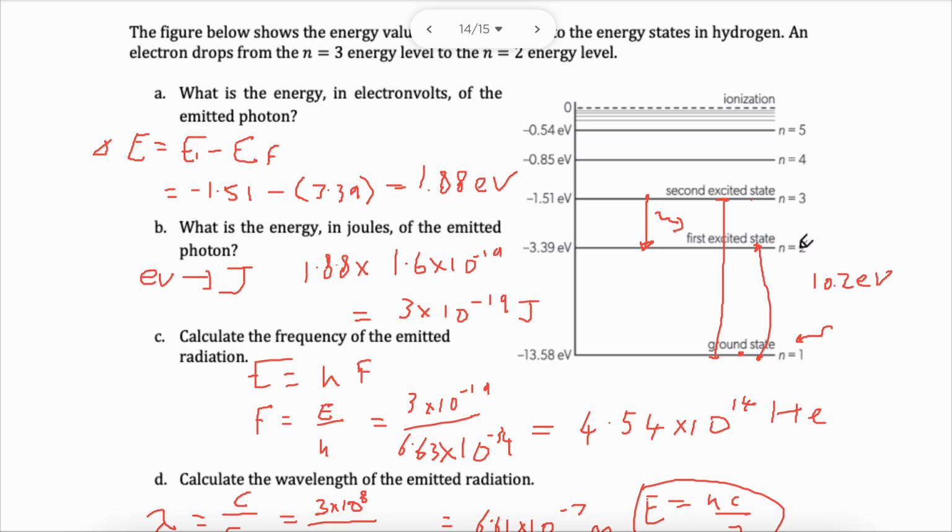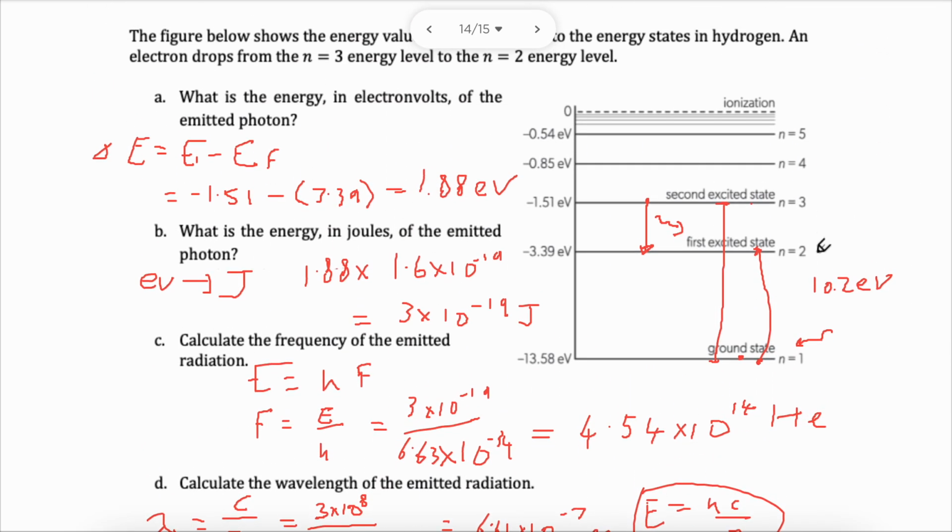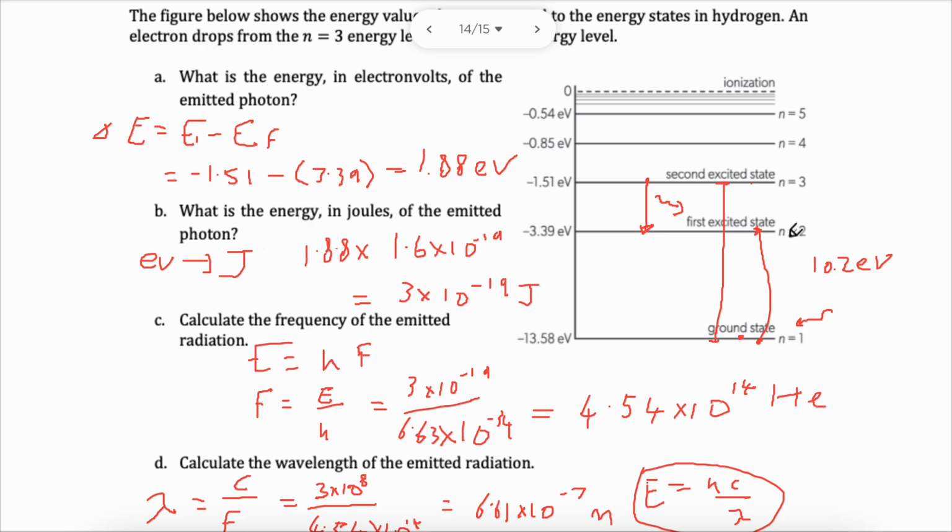Similarly, with the 11 electron volts, this is not a difference in energy level. It will not absorb it. The next one up, let's just check. Minus 13.58 minus negative 1.51. That is 12.07.